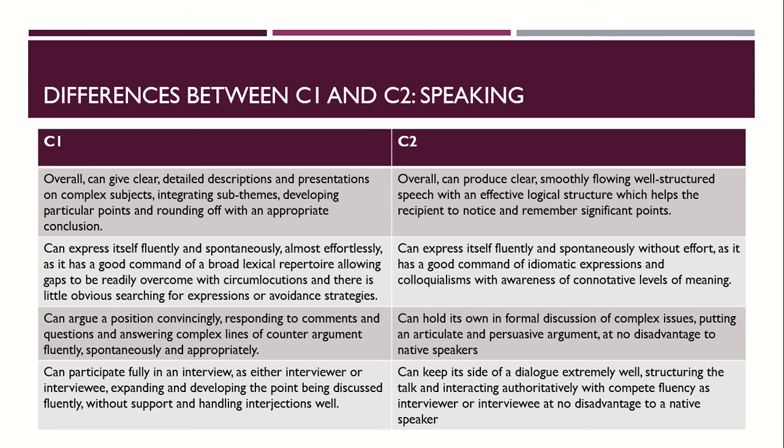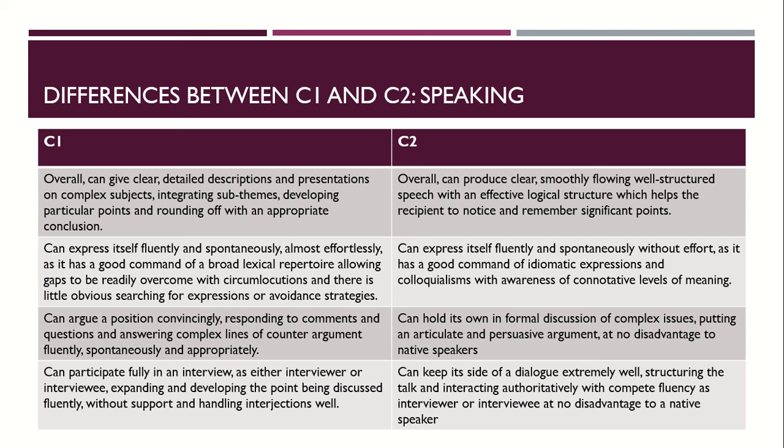Continuing with this, we are on speaking skill. So, on C1, the user overall can give clear, detailed descriptions and presentations on complex subjects, integrating sub-themes, developing particular points, and rounding off with an appropriate conclusion.